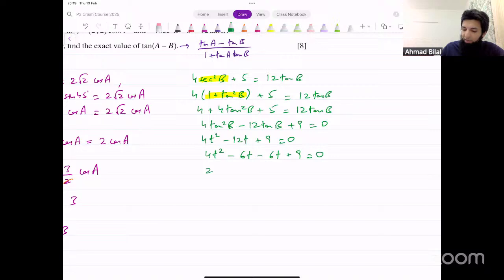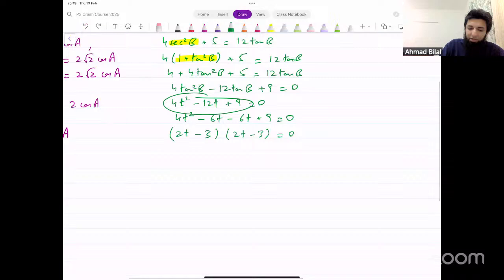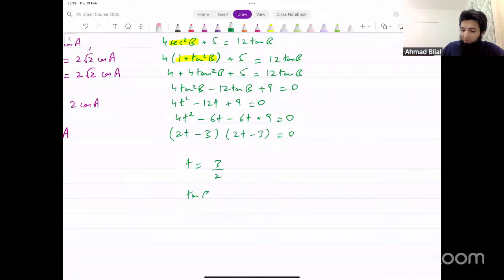We get two factors from this, 2t minus 3 and 2t minus 3. Okay, so this is actually a perfect square, 2t minus 3 whole squared. So we get only one value of t, which is 3 over 2. So tan B therefore is 3 over 2.